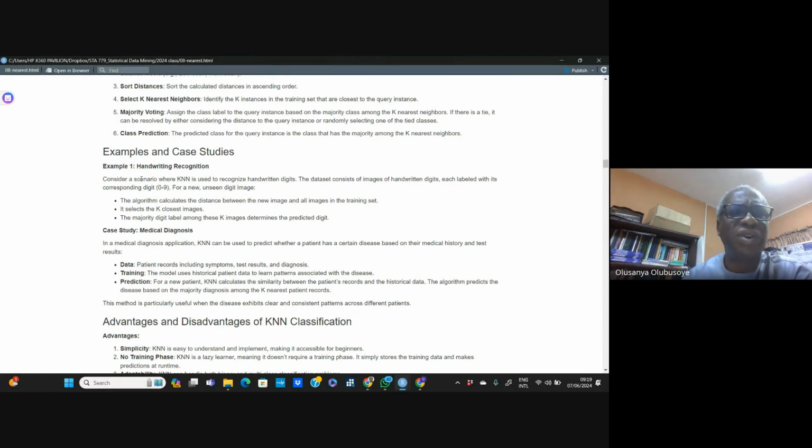examples. The first one is the idea of using KNN for handwritten recognition. You can collect a data set of images of handwritten digits.